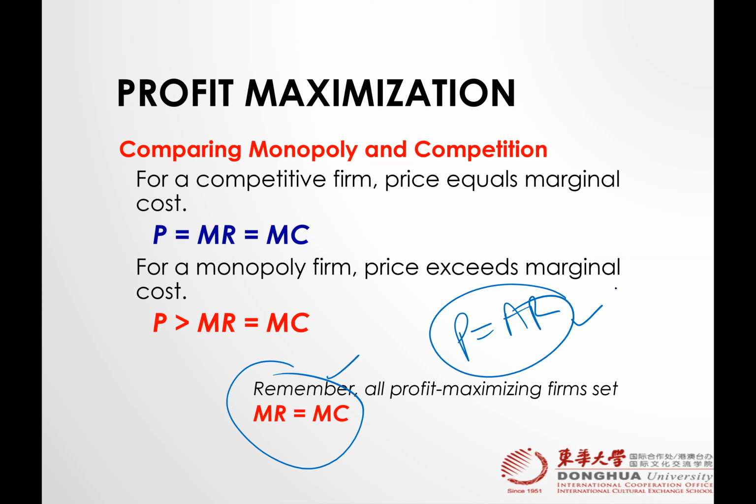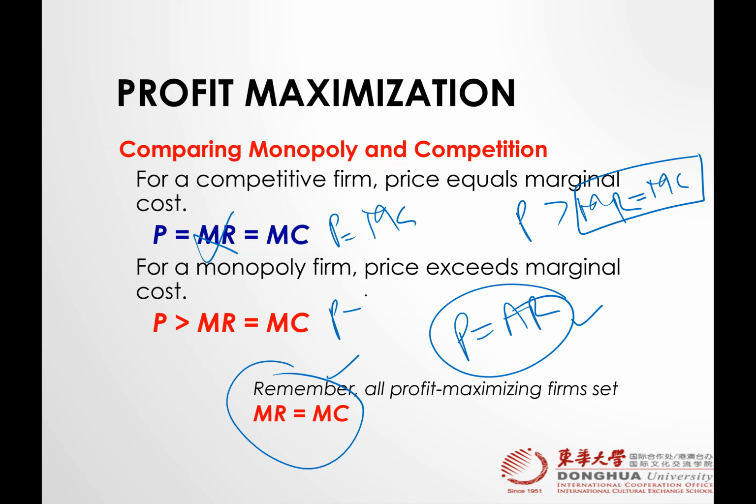The unique thing here is that profit is maximum where you produce where MC is equal to MR. And remember, since price is greater than MR in monopoly, it means price is always greater than the marginal cost as well. If you omit the MR, price is equal to MC, but here price is greater than MC.